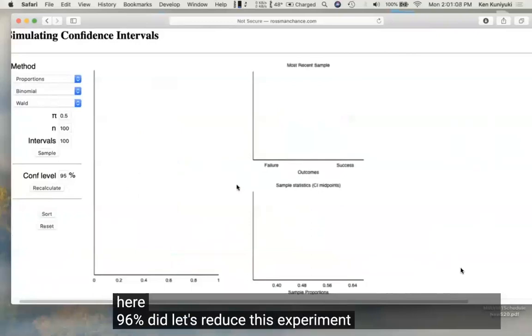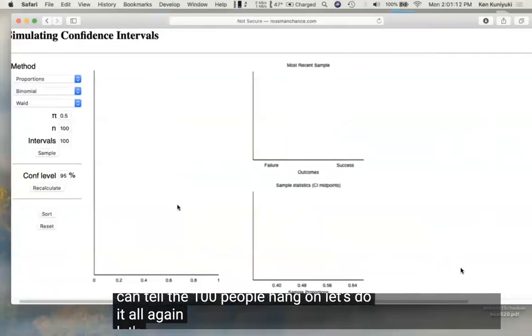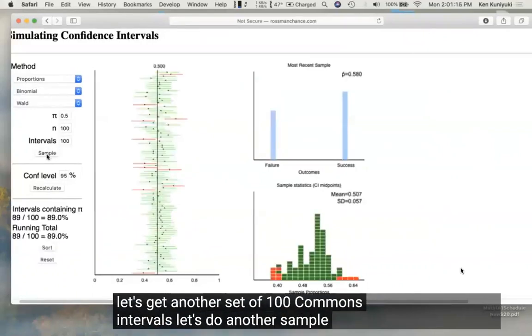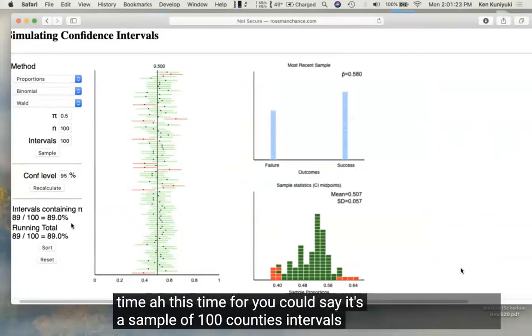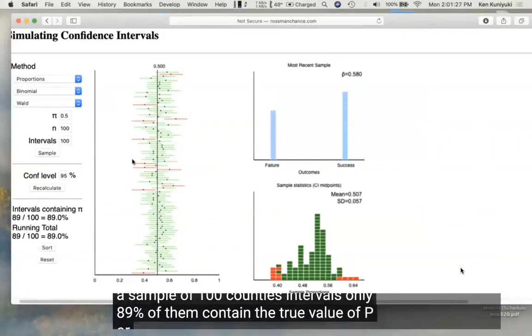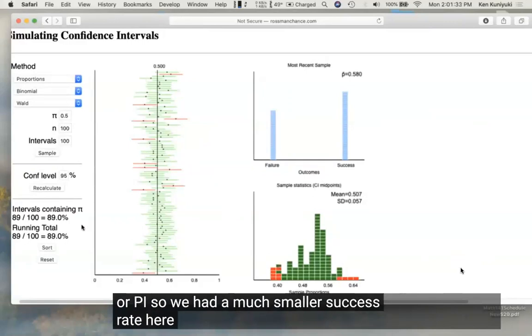Let's redo this experiment. We can tell the 100 people, hang on, let's do it all again. Let's get another set of 100 confidence intervals. Let's do another sample. This time, for a sample of 100 confidence intervals, only 89% of them contained the true value of p or pi. So we had a much smaller success rate here.